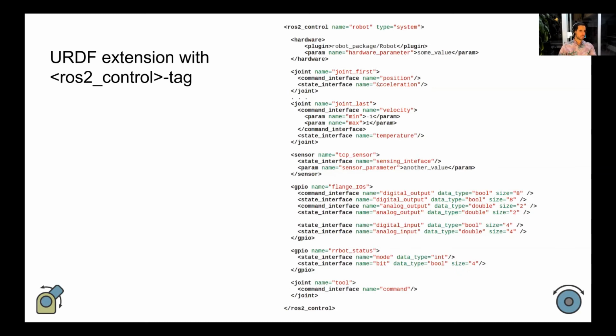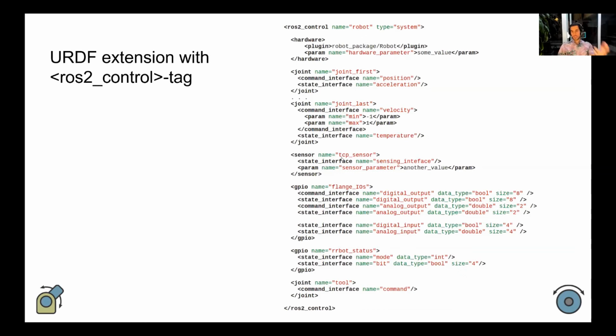We don't care, because it's often the case that you have different command and state interfaces. Most of the time they overlap a bit, but it depends on your application. For each command and state interface, you can define different parameters, for example minimal and maximal values which you want to handle in your hardware.